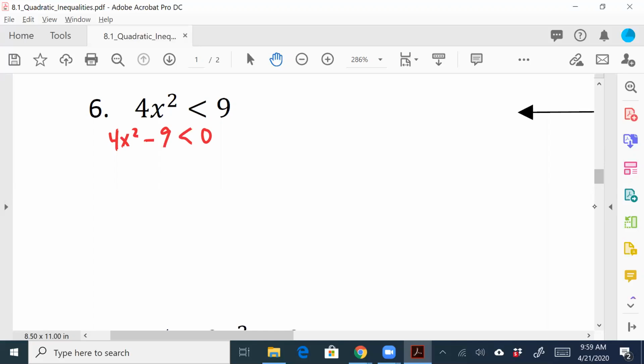Now this is a little bit different. It just has two terms, and if you recall, 4x squared is (2x) squared, and 9 is 3 squared, and they're being subtracted. And so the factoring strategy we would use here is called the difference of squares.